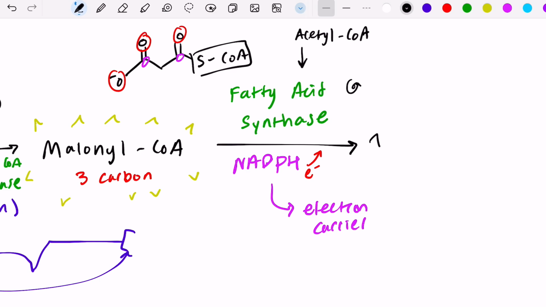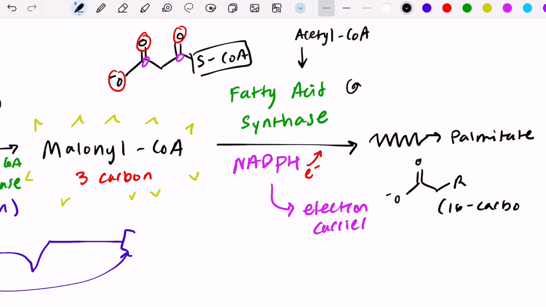This will happen lots of times, and we're finally going to make that palmitate that we had at the end. So that super long chain fatty acid that has 16 carbons, right? All of those carbons like this, these are super reduced, the best you can get. So that's why they store so much energy.